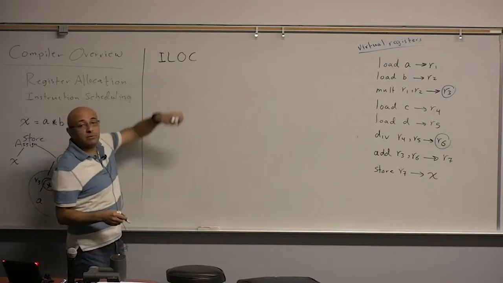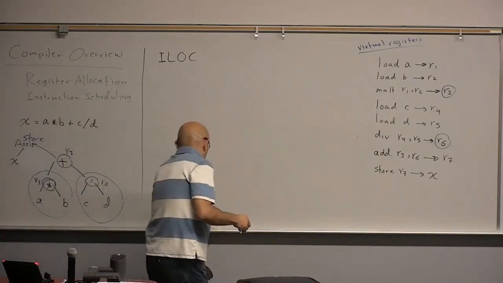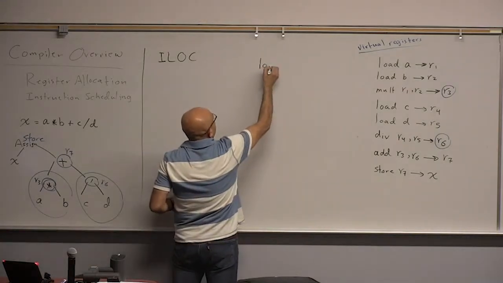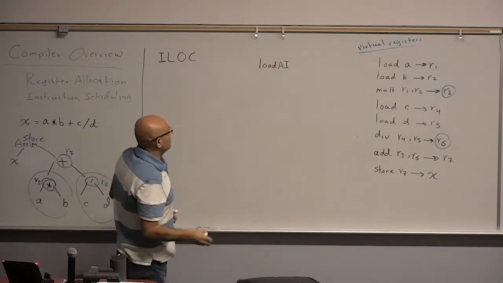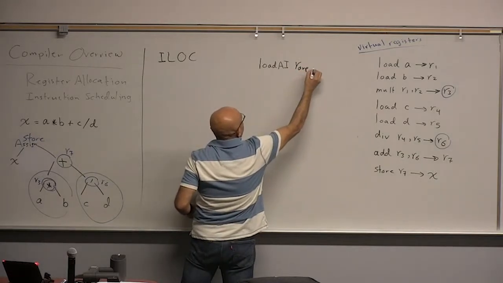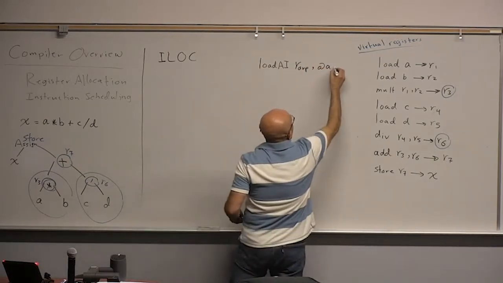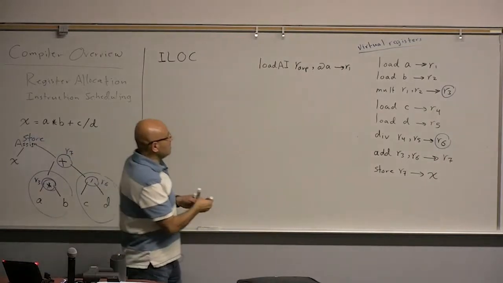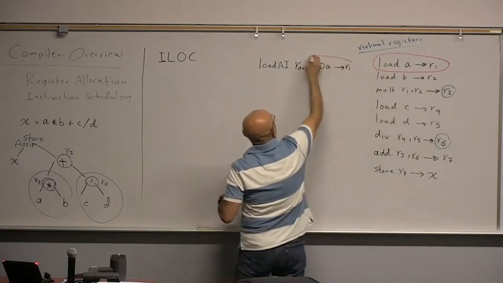In this language, a load instruction is written as load address immediate, or activation record pointer plus the address of A, into R1. So what I'm writing here is a shorthand for this.